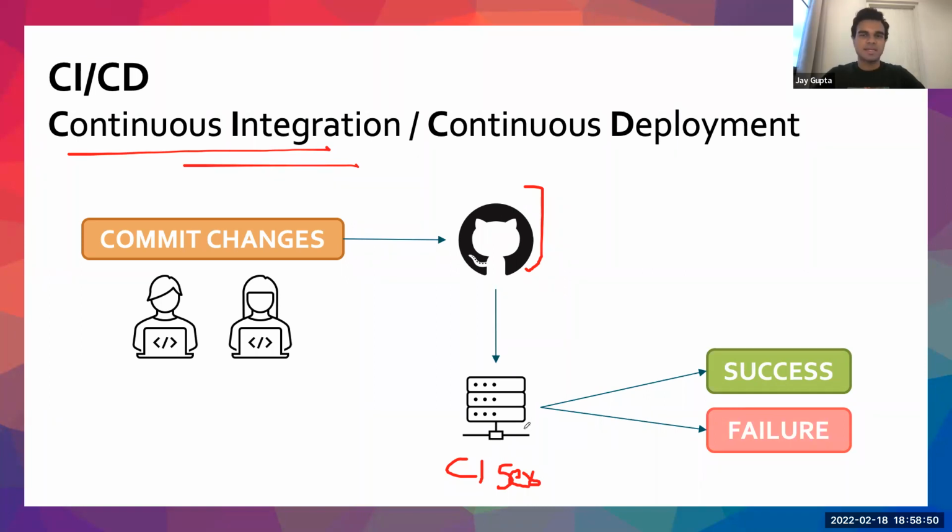It can run tests, it can build the program, or it can deploy or compile a different kind of code based on what we wrote. And once we have all these things, we can have either a success or a failure. For example, if you change the code base and some of the test cases broke, it will result in a failure. So we will know that something went wrong.